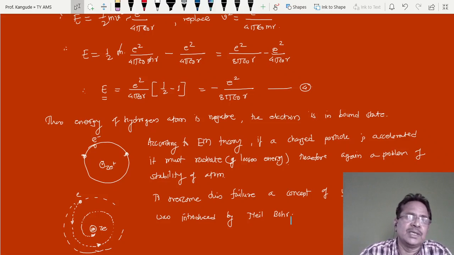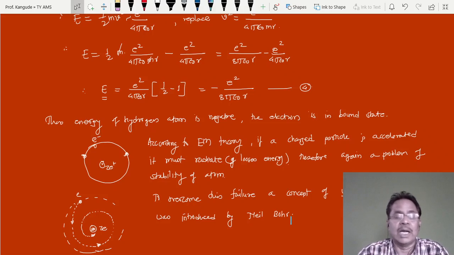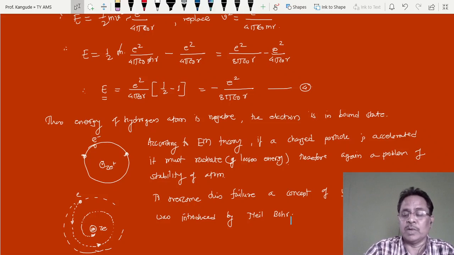Otherwise, if the electron goes on radiating orbit by orbit, one day this electron is going to fall into the nucleus according to electromagnetic theory. So stability of the atom was a big problem, and it is resolved when we assume there are certain stationary orbits. How to choose these stationary orbits, we will discuss later in the second model, the Bohr atom model, in tomorrow's lecture.